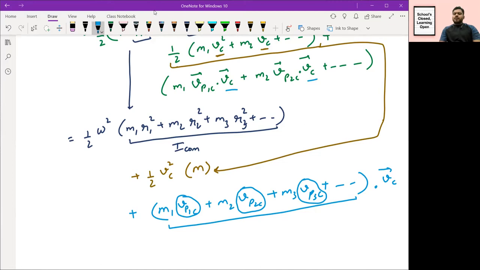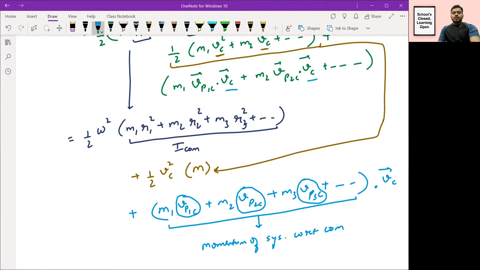So this whole term is nothing but momentum of the system or object with respect to center of mass. We are seeing the motion of every particle from the frame of reference of center of mass: P1C, P2C, P3C, all with respect to center of mass. So the momentum of the system is with respect to center of mass. And we know that with respect to center of mass, the momentum of a system is zero.